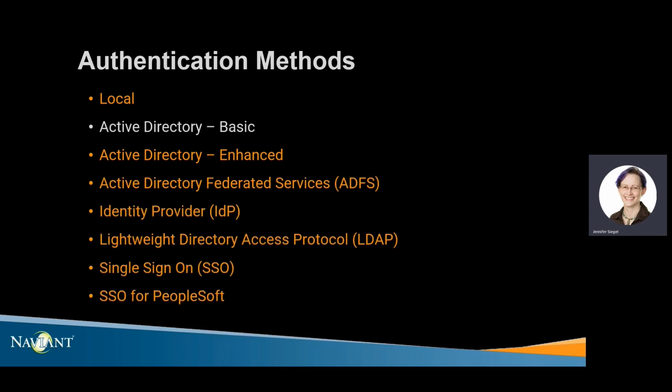Additional options include ADFS, IDP, LDAP, and SSO. If you currently are using an internally hosted integrated authentication method and are looking to move to the Hyland Cloud, I would consider IDP as a replacement because Hyland will not be able to access your domain controllers.